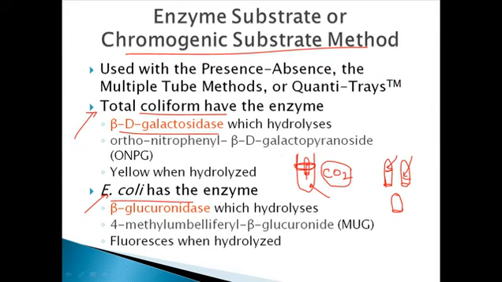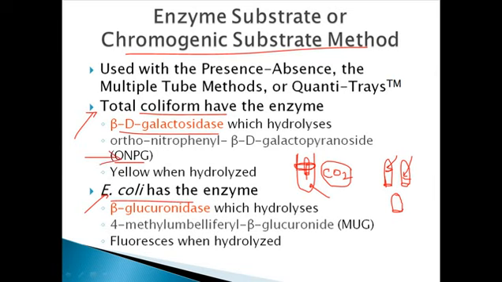Here we have beta galactosidase, which is secreted by these coliform cells, which hydrolyzes a chemical substrate that we add, ONPG, whose full form is orthonitrophenol beta D galactopyranoside. It's a real mouthful of a name, so I recommend you remember this name, ONPG.